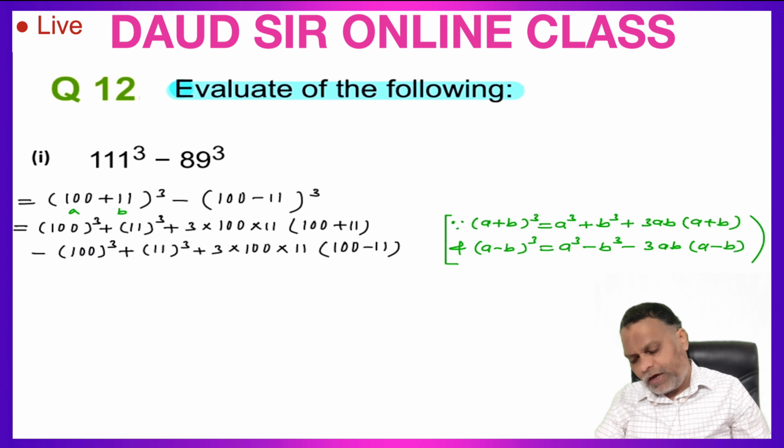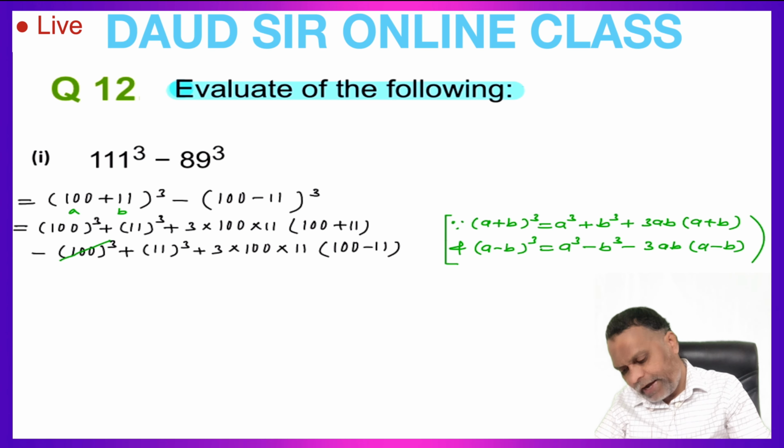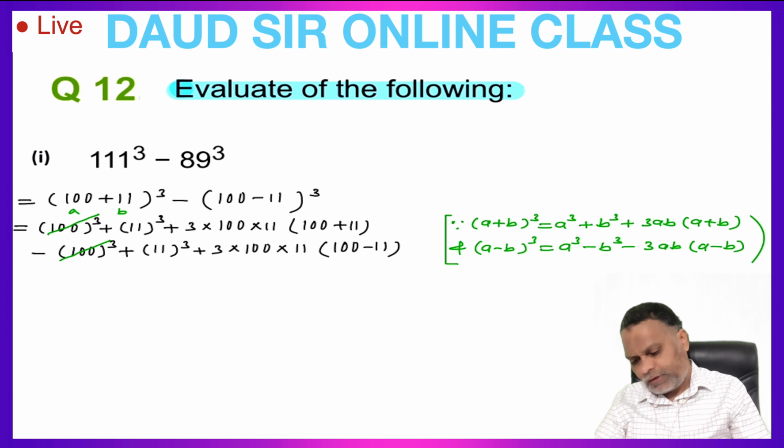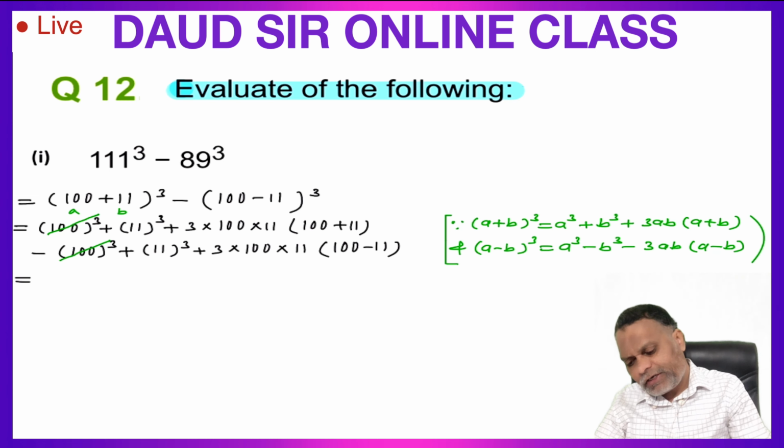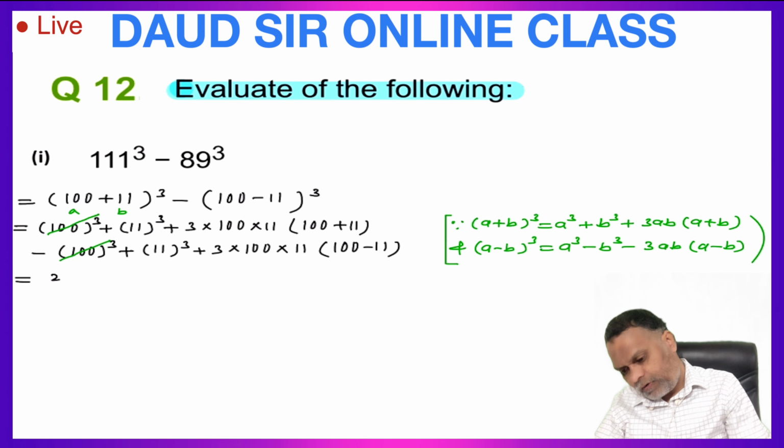Carefully. Now some terms are getting cancelled here. 100 cube negative and 100 cube positive cancelled, and other things we can add. So which is equal to this 11 cube coming 2 times.